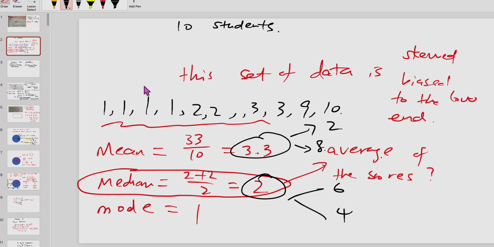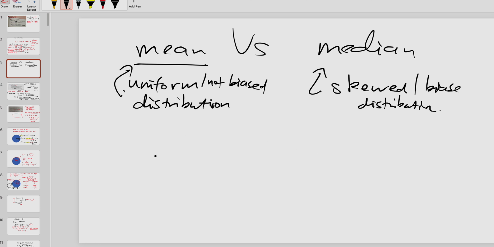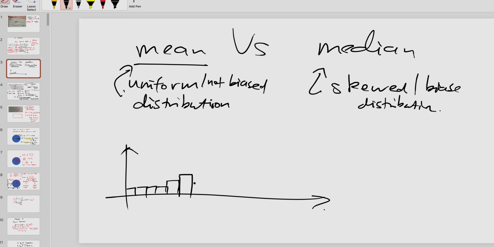How do you see it's skewed? If you cannot see it from this set of data, you give it a bar chart. 1, 1, 1, 1, 2, 3, 3, 9, 10.